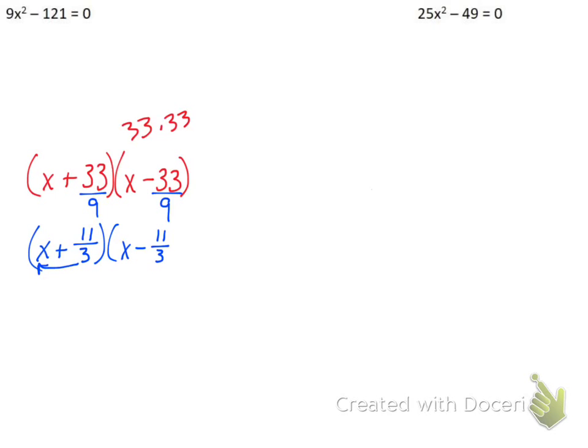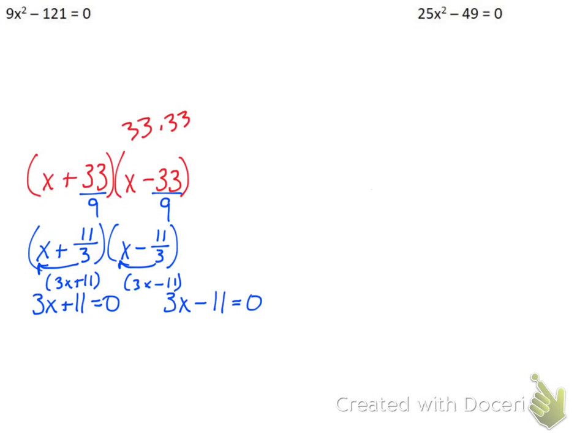So I'm going to do bottoms up with the 3, and get 3x plus 11 is equal to 0, and then 3x minus 11 is equal to 0. My new parentheses will be these two things, 3x plus 11 and 3x minus 11.